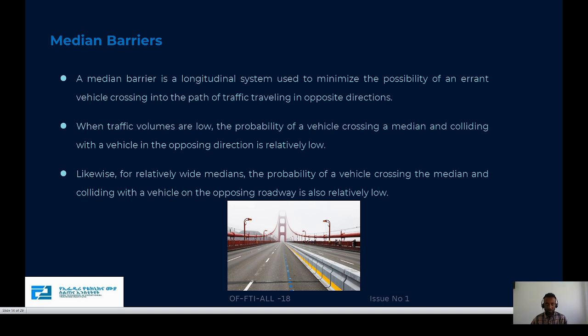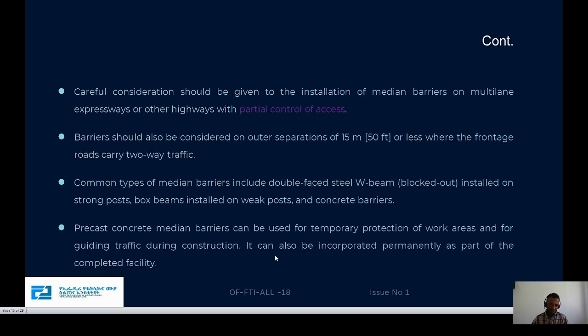When the traffic volume is low, the possibility of a vehicle crossing the median and colliding with vehicles in the opposite direction is very low, so the severity will be decreased. So we have the median barriers placed in the middle of the road. This one is one direction of lanes, and this one is the other direction.